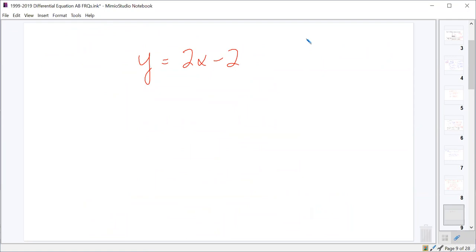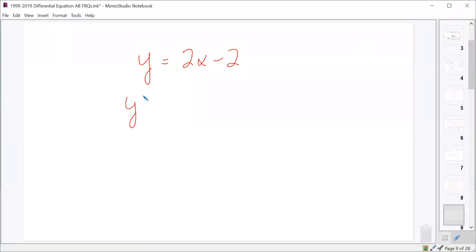And we're saying that at the point, oh, was it the point 2,3 or the point 3,2? I can never remember. 2,3? No, yeah, it didn't even matter for this one, right? We didn't even have a point for part D. What's the derivative here?